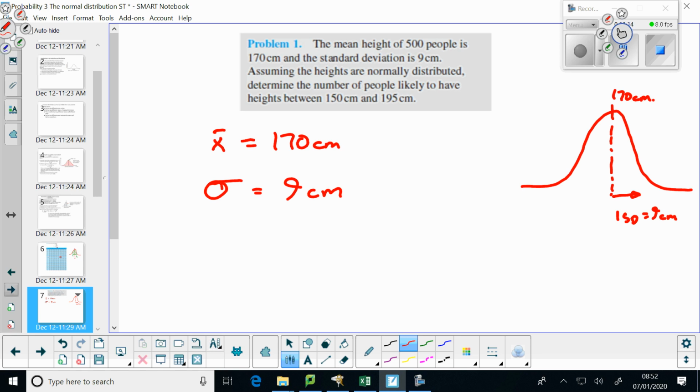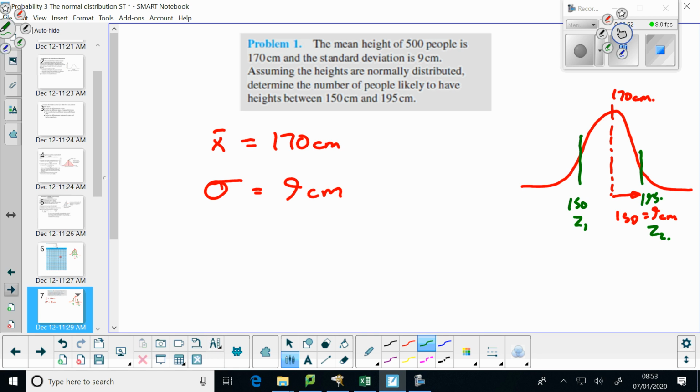Determine the number of people likely to have heights between 150, so 150 is over here somewhere, and 195, which is up this end. So we call that Z1, and that's Z2.